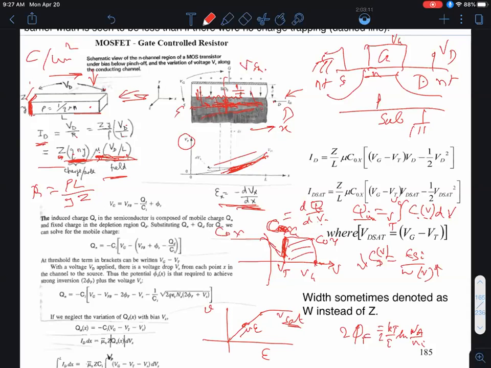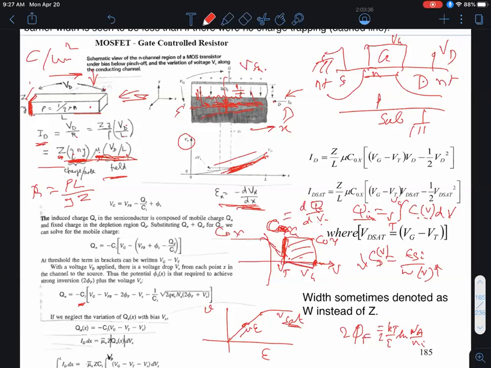Now, approximately, you can write the area under this curve as C oxide or Ci, C insulator. I've been using C oxide or C insulator interchangeably. If the insulator happens to be an oxide, we sometimes call it a C oxide, but in general, it's a C insulator, Ci, okay? Times Vg minus Vt, right?